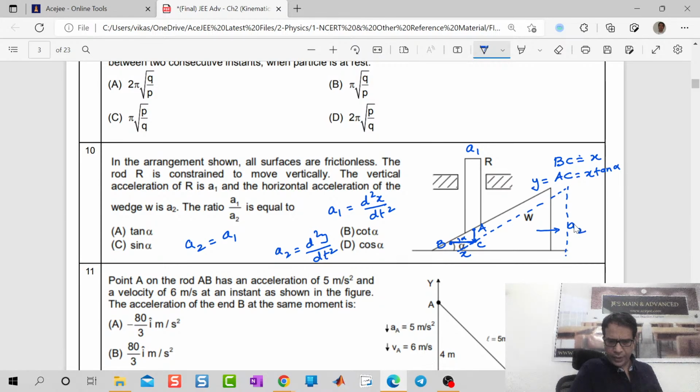So a2 is a1 tan alpha. Sure, x is a2 and y is a1. Okay, y is a1. That's where I've goofed it up. You're absolutely right. a2 is this. Is it d2y by dt2? Right. So in that case, we will have a1 by a2 as tan alpha. Let's move to the next one.